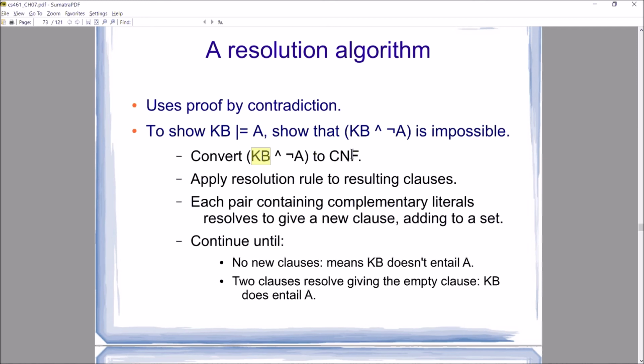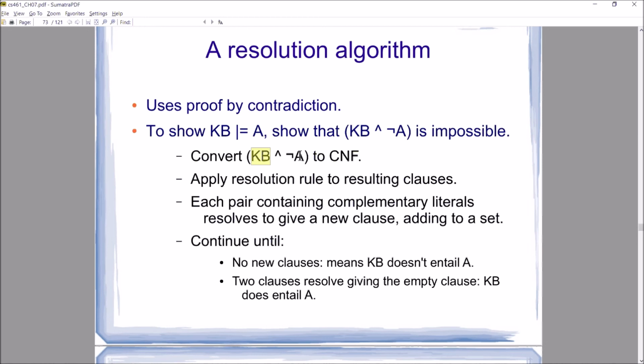You can make a giant conjunction out of them: sentence 1 and sentence 2 and sentence 3 and sentence 4 and sentence 5. That makes up your entire knowledge base. So we can take that and the negation of whatever sentence we're trying to see if the knowledge base entails, and convert that to conjunctive normal form.